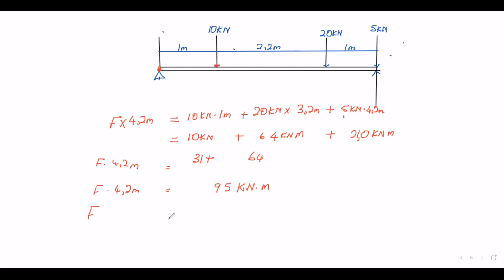Therefore, F will equal 95 divided by 4.2 meters, dividing both sides by 4.2 meters here.